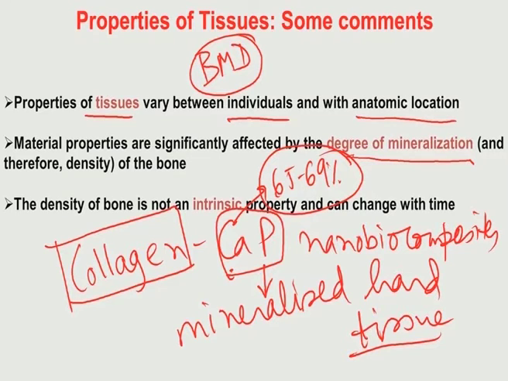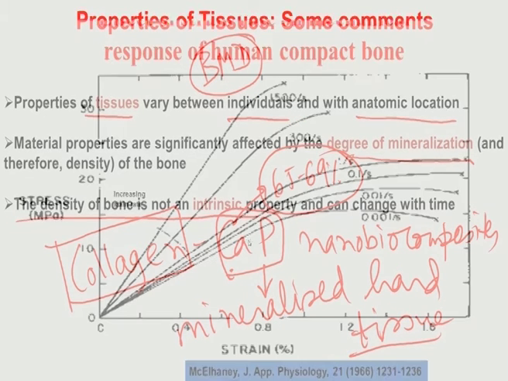And the density of the bone, which largely depends on the calcium phosphate content, is not an intrinsic property and it changes with time, and that is what I just mentioned, that in older human patients this density decreases. In other words, the calcium phosphate content in the bone decreases, therefore, they are much more fragile.